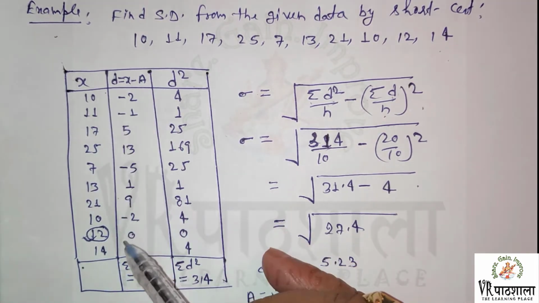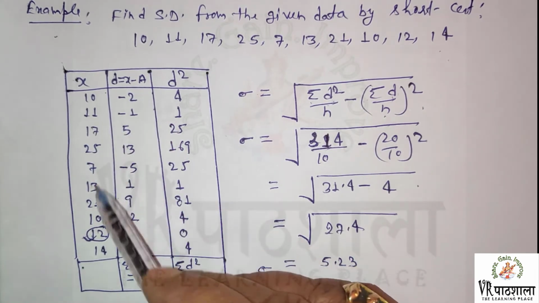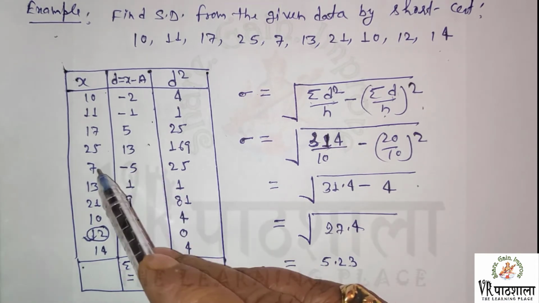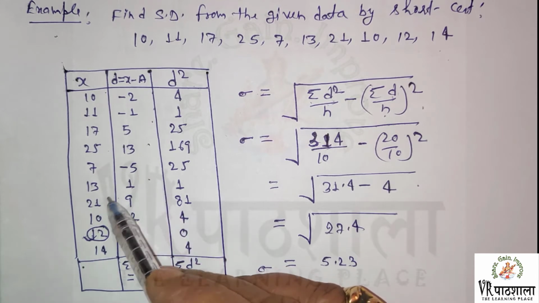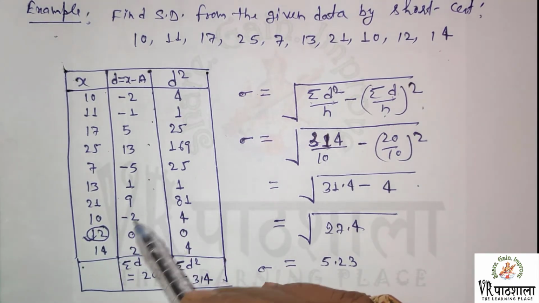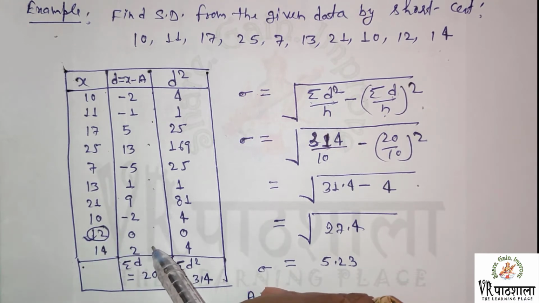So 10 minus 12 is minus 2, 11 minus 12 is minus 1, 17 minus 12 is 5, 25 minus 12 is 13, 7 minus 12 is minus 5, 13 minus 12 is 1, 21 minus 12 is 9, 10 minus 12 is minus 2, 12 minus 12 is 0, and 14 minus 12 is 2.